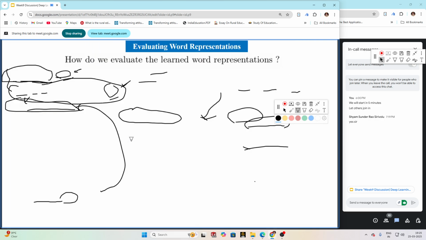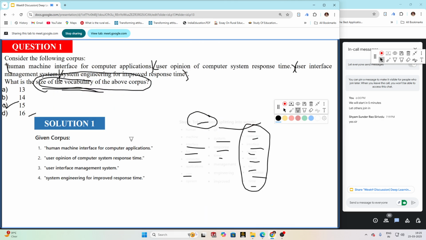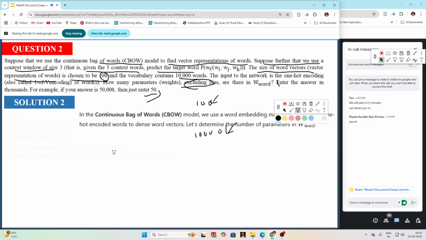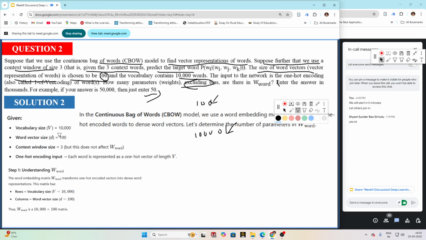And here you have been asked to give your value in terms of thousands, so just divide by 1000. Vocabulary size is 10,000, word vector size is 100.